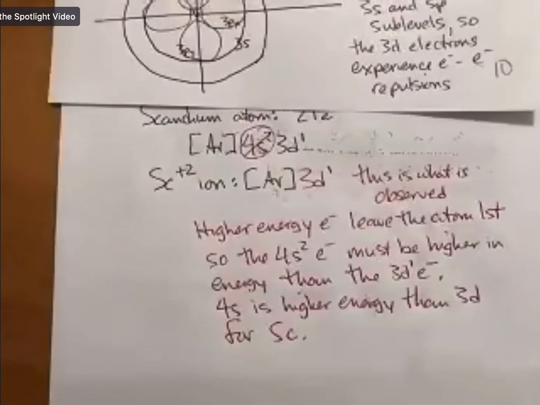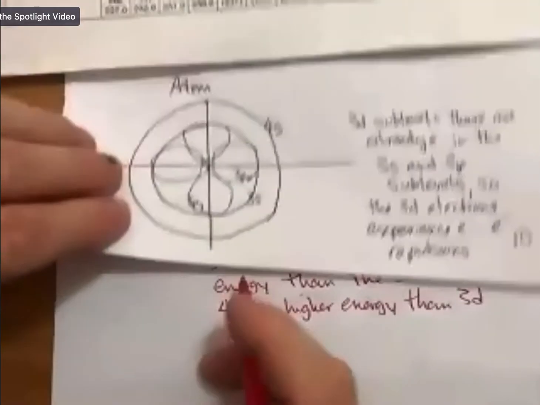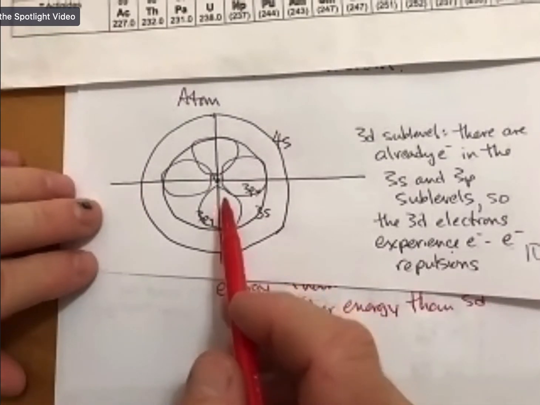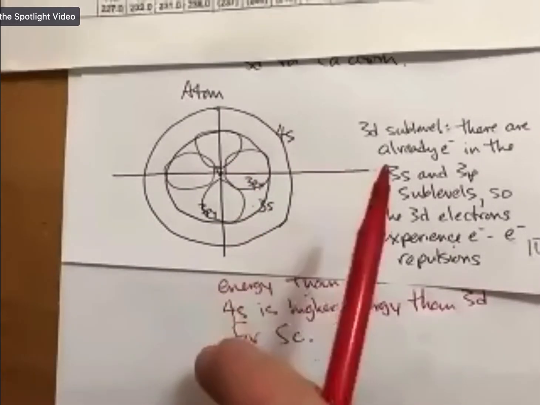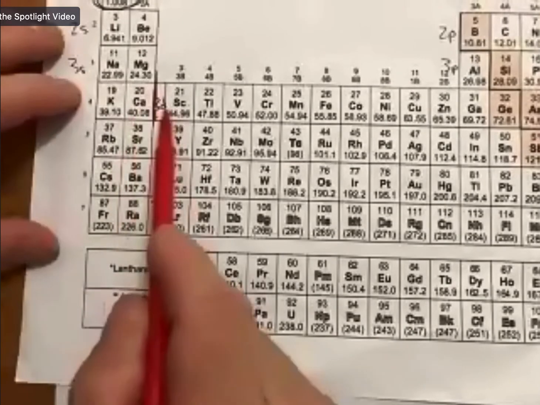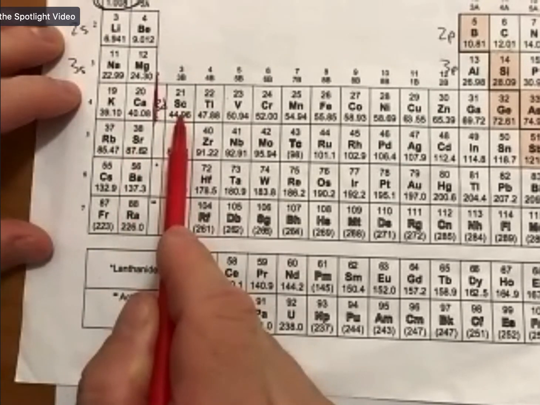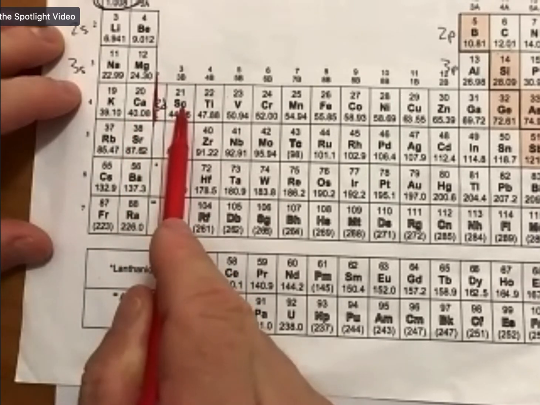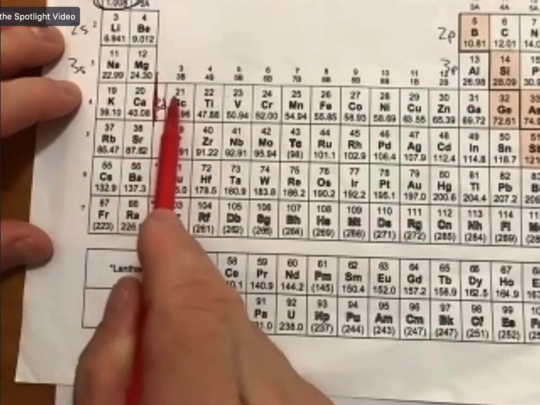Now, let's come back to our picture of the atom. When we move from calcium to scandium, what happens to the number of protons? Can anybody tell me? Calcium to scandium.